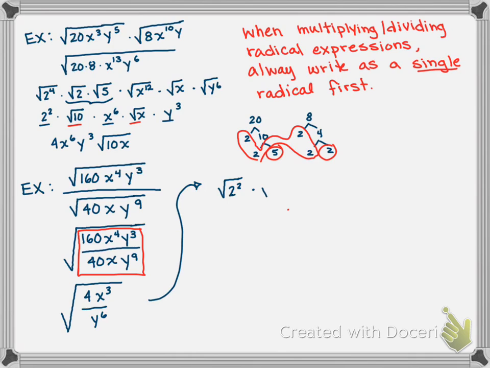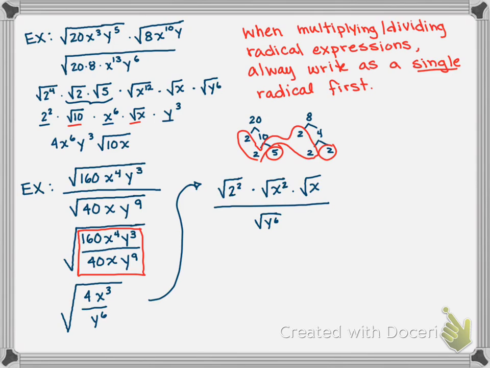So this is the square root of x squared times the square root of x. And then over the square root of y to the 6th, which has an even exponent, so I don't need to break anybody off. Just make sure that whatever was in the numerator stays in the numerator, and whatever is in the denominator stays in the denominator as you do this.